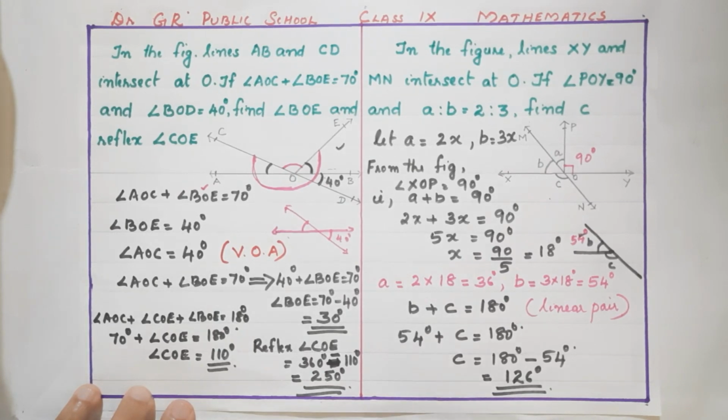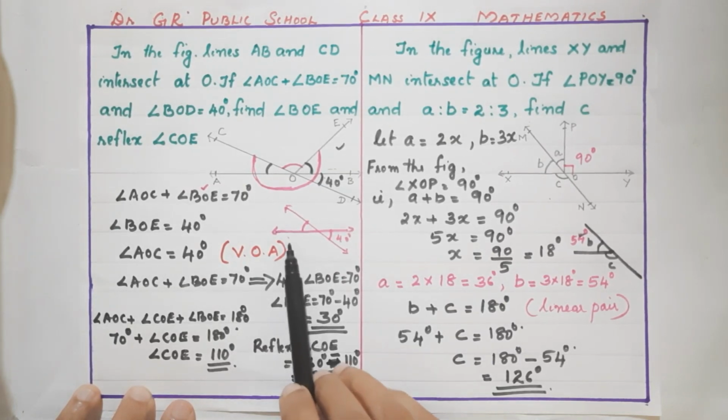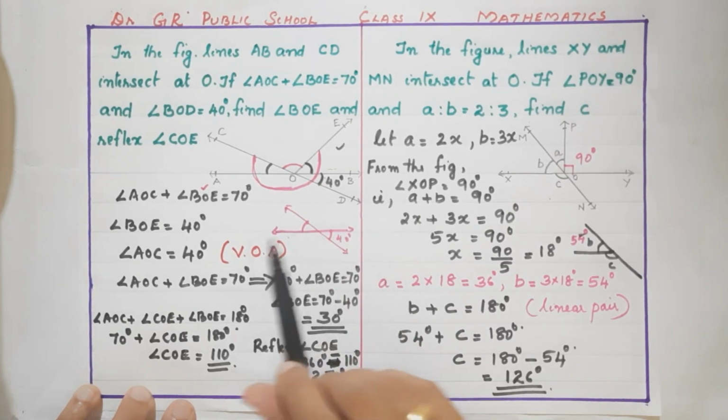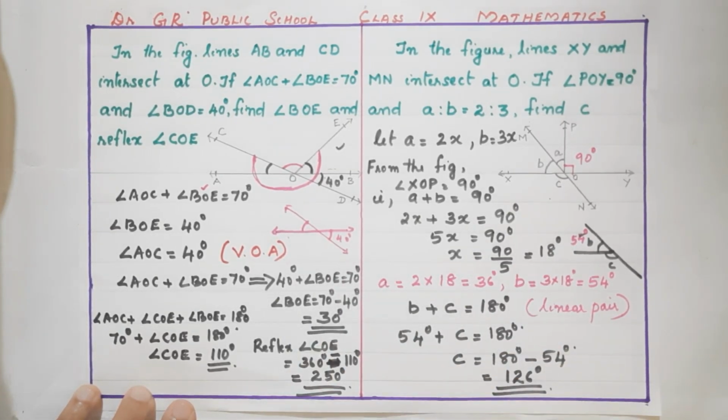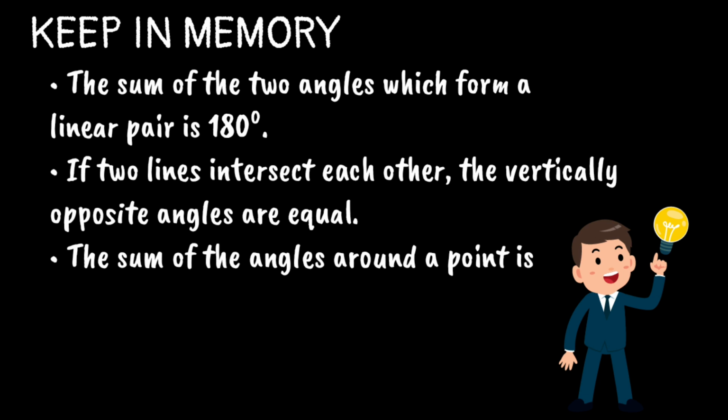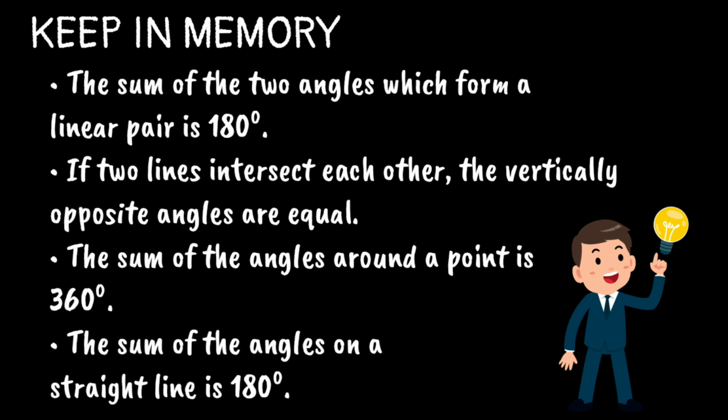Now we have linear pair of angles, then vertically opposite angles, then angles on a straight line, then angles at a point. All these you should know to do this type of problems. Always remember these points for the coming portions.